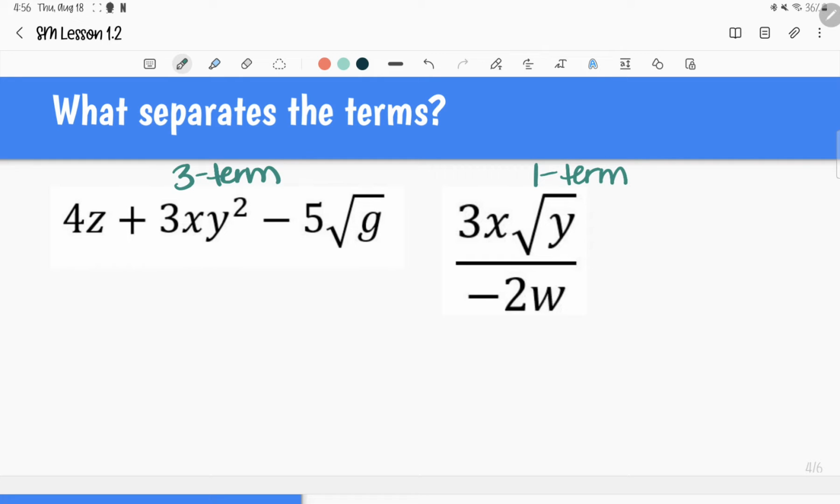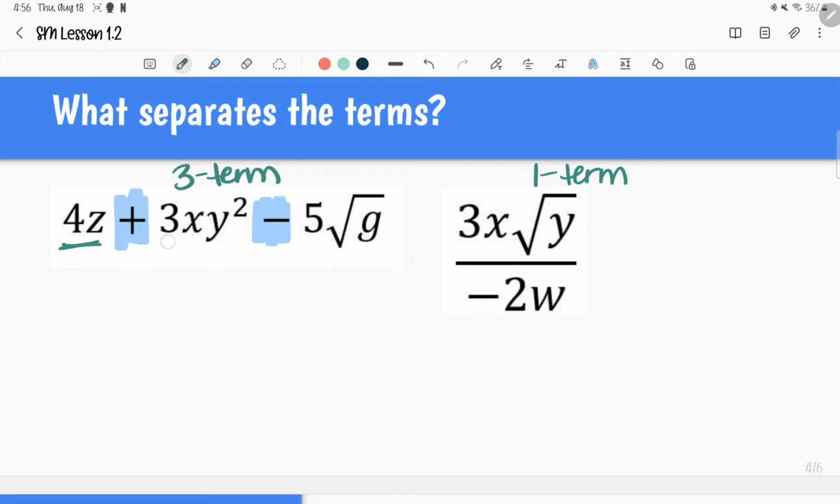And hopefully what you can see is that if there is a subtraction or an addition sign in there, that's what separates the terms. Multiplication and division don't separate terms. Addition and subtraction are what separates terms.